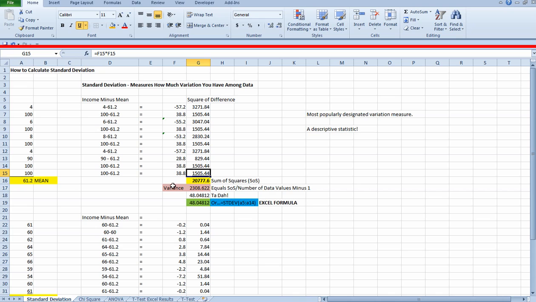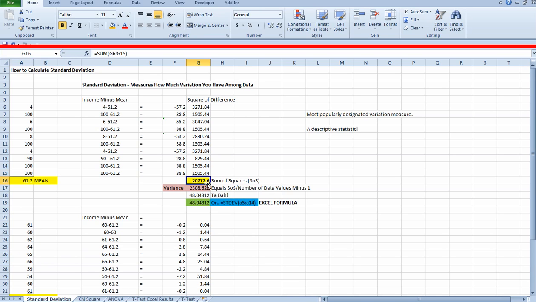Now, excitingly, we get to variance, which is, again, one of the well-known descriptive statistics on variation. The variance equals the sum of the squares divided by the number of data values minus 1. The number of data values, if you remember, is 10, minus 1 equals 9.